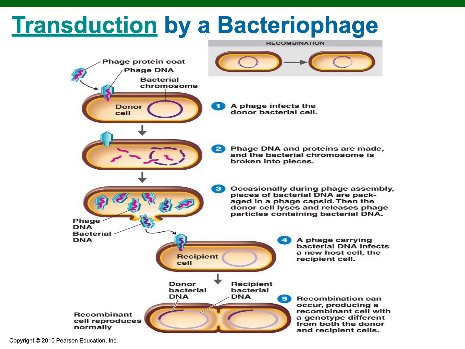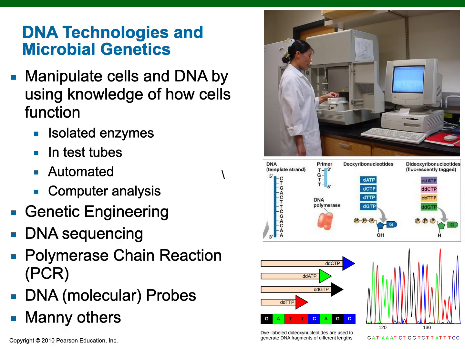Okay, once scientists understood all these things, they began to understand that these processes were controlled by certain chemicals and certain enzymes. And they began to develop DNA technologies using these things. And this is just manipulating cells and DNA by using a knowledge of how cells work. Usually this requires that scientists have isolated enzymes that manipulate the DNA and gotten them to work in test tubes.